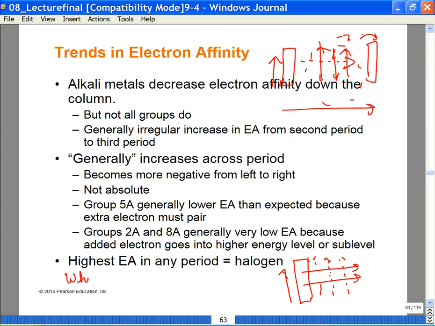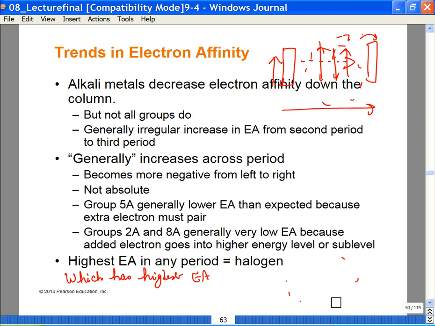Which has the highest electron affinity? Sodium or potassium?